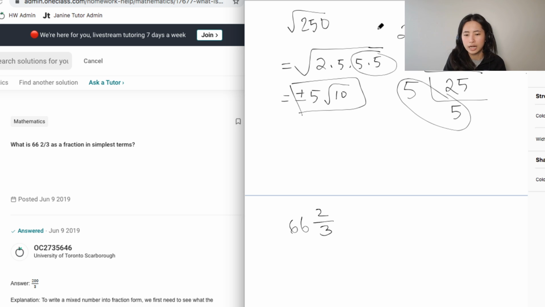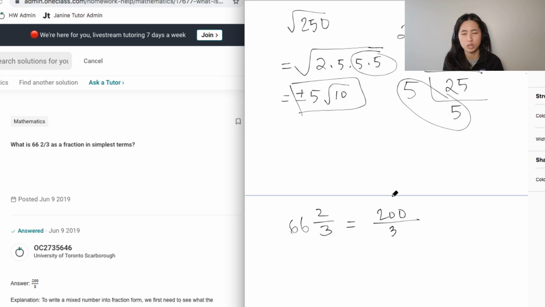So you would have to multiply 3 times 66, and then add that to 2 to give you your new numerator. So this is just going to be 200. How do I get 200 again? I multiply 3 times the whole number, 66, plus 2, and I get 200. So that's my new numerator. For my denominator, whatever is coming from the mixed number stays the same.